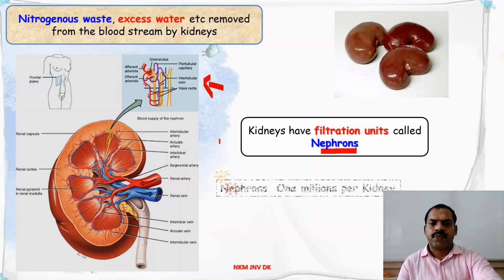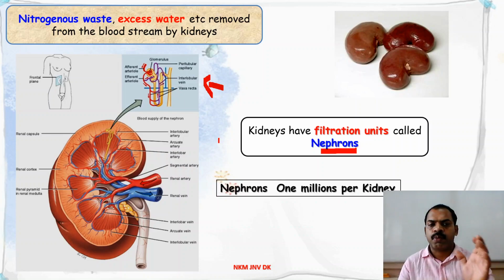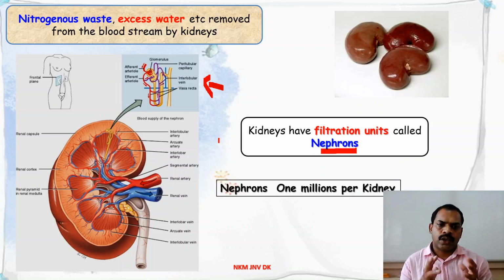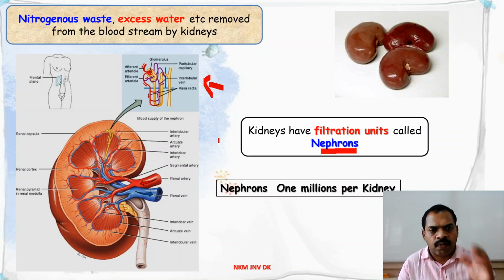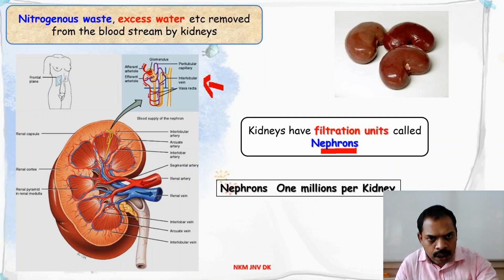Around 1 million nephrons are there in each kidney, a large number. So only one is shown here. Here all full of nephrons, and here all full of nephrons. You can see the renal pyramids full of nephrons.